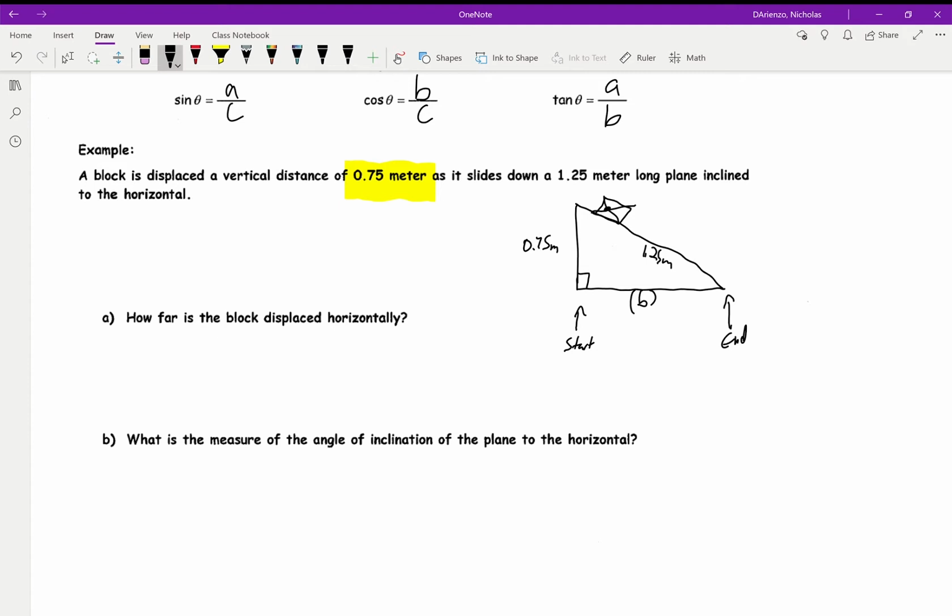Since we know two out of the three sides, we can use Pythagorean theorem, a squared plus b squared equals c squared. We know that a is equal to 0.75 meters squared plus b squared equal to 1.25 meters squared.